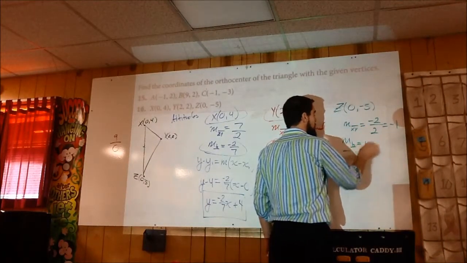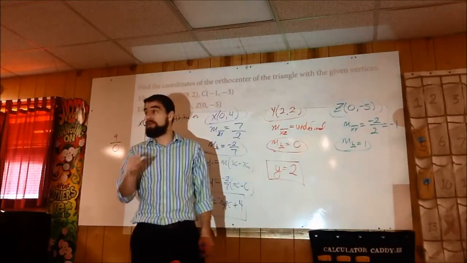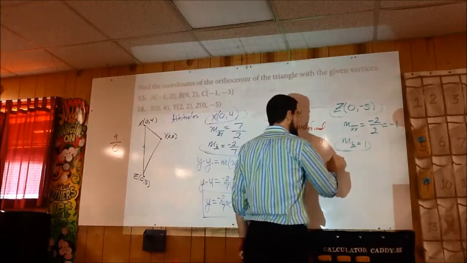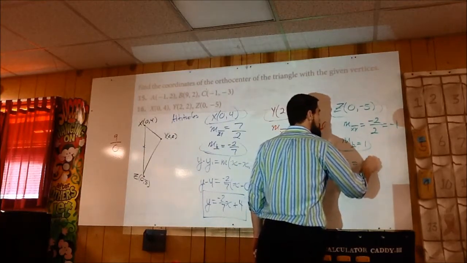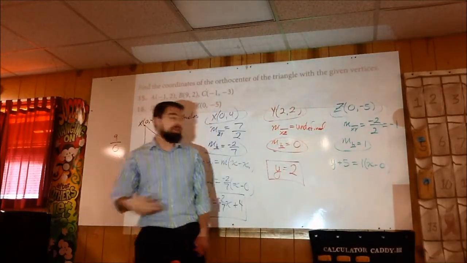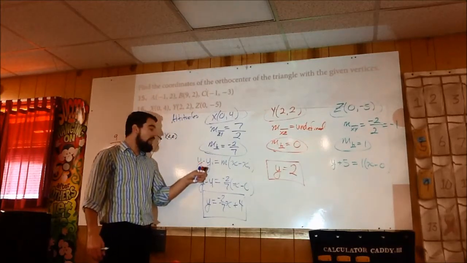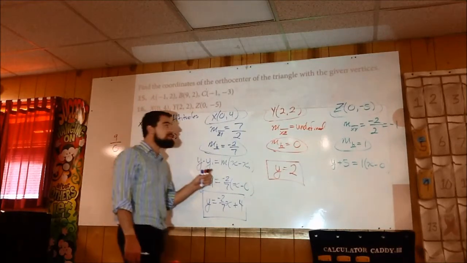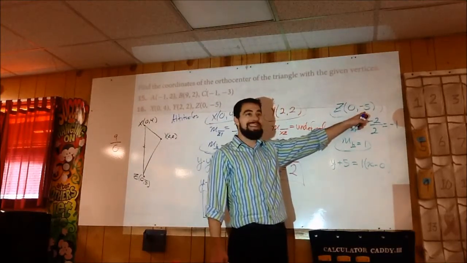Yes. Okay, so what would be the slope that would be perpendicular to this? It'd be a +1. I have my point, I have the slope, so plug it into the point slope formula. So when I plug that in, it would be y plus 5 is equal to 1 times x minus 0. Please make sure that when you plug it into this point slope formula, you are subtracting whatever the value of y1 is. For this altitude, the value of y1 is a -5.